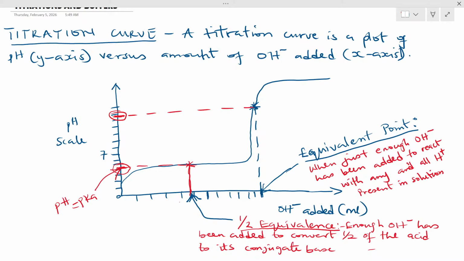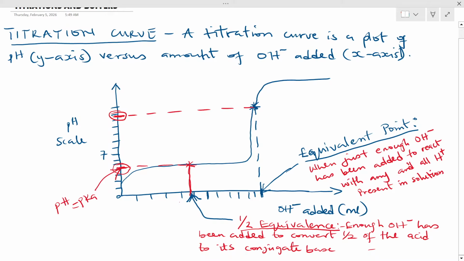We said that the titration curve is a plot of the pH on the y-axis versus the amount of what? OH minus added. Alright, and that gives you your x-axis. And it looks as follows, like this diagram right here.